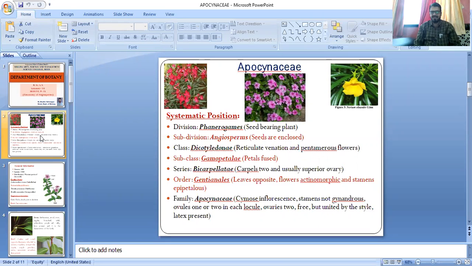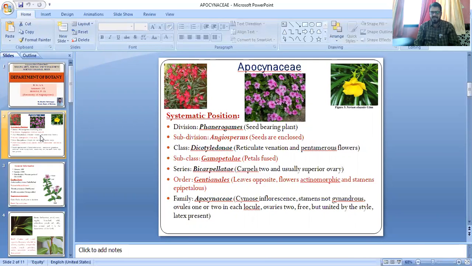Gynandrous stamens are the stamens in which the anthers are fused with the gynoecium or the stigma. We have seen what is polyandrous stamen, monadelphous stamen, diadelphous stamen, polyadelphous stamen.